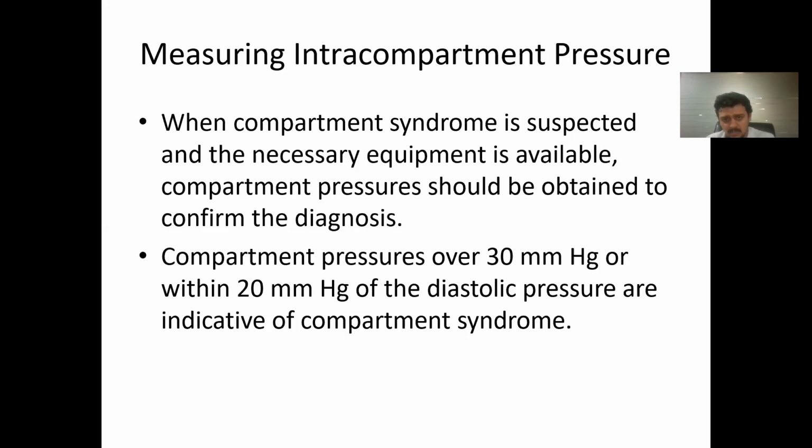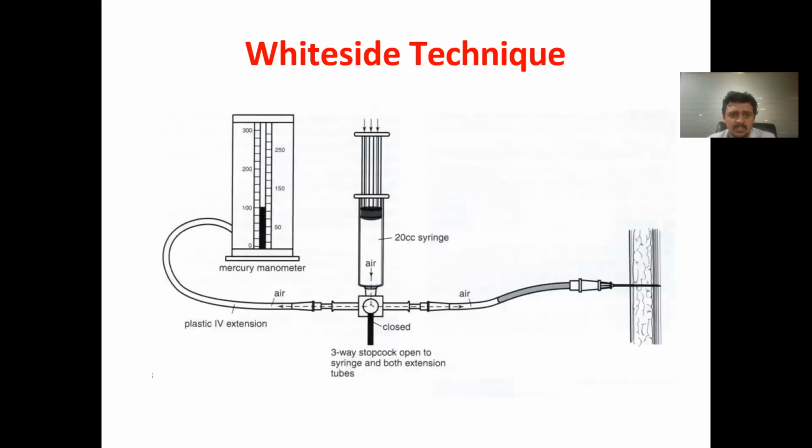A compartment pressure over 30 mm Hg, or a pressure within 20 mm Hg of the diastolic pressure. These two criteria are indicative of compartment syndrome. Now, this is the Whiteside technique to measure compartment pressure.